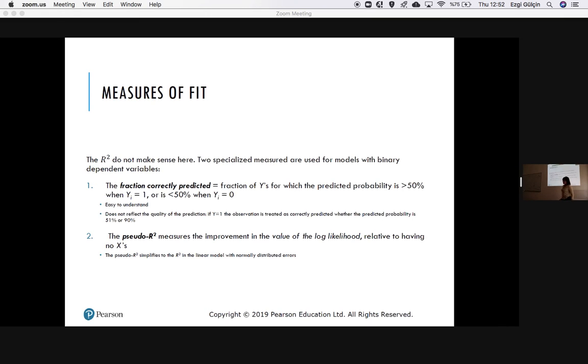This is easy to understand. Basically the model is good in the case in which we are very close to the observation. If y is equal to 1, our model is saying that the probability that y is equal to 1 is high, so this is a good model. If y is equal to 0, then our model is predicting that the probability that y is equal to 1 is low. This is something that we can understand very easily by intuition.